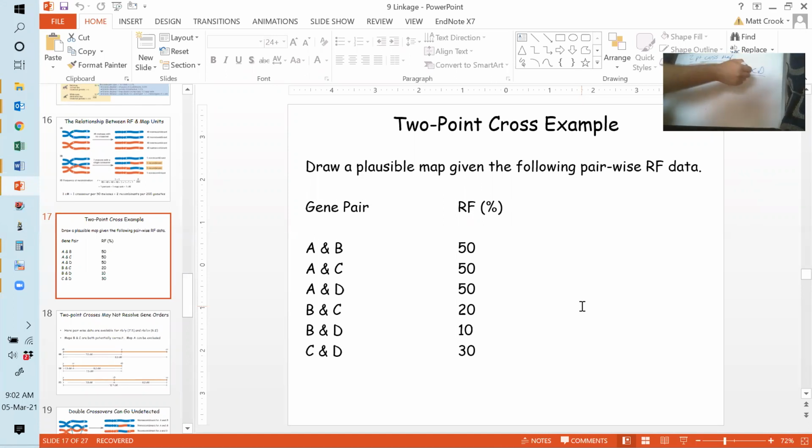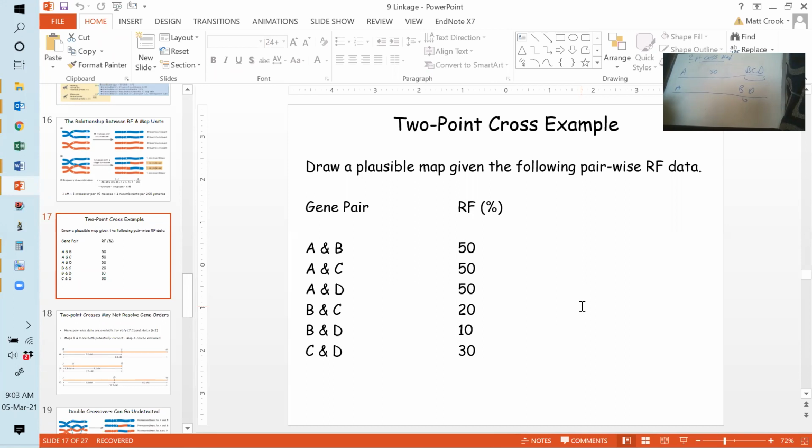Now, how do you sort out the relationship between these? Which gene pair is the closest together? B and D, right? So we have A and we have B and D. That's 10, right? The numbers are the recombination frequency, which essentially is the distance, right?